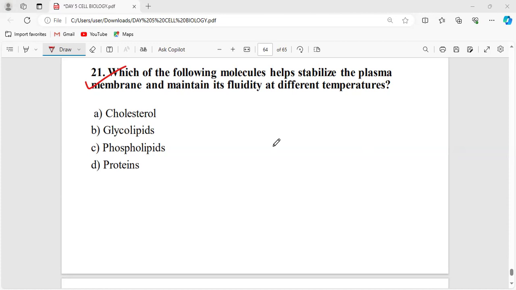We have saturated fatty acids and unsaturated fatty acids, right? Which type of fatty acid is responsible for the rigidity of the membrane?